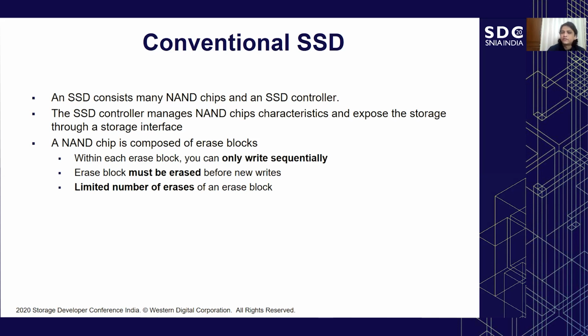If you look at this at a macro level, this is more similar to the limitations that ZNS puts. It's like they're taking the NAND characteristics and bringing them to a higher level of abstraction in ZNS. So that's how things work in a conventional SSD.